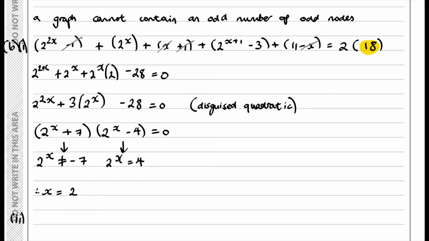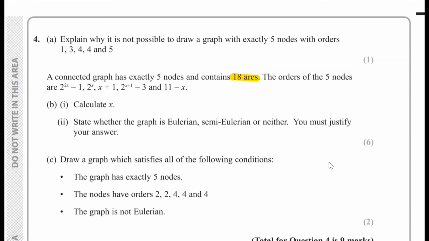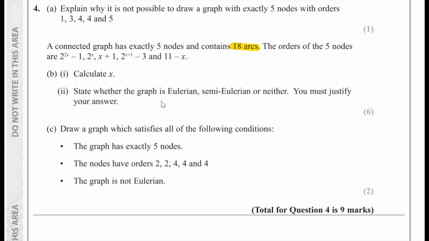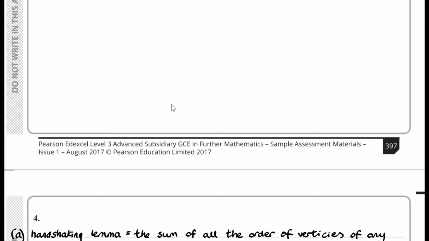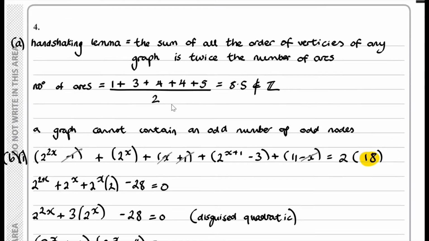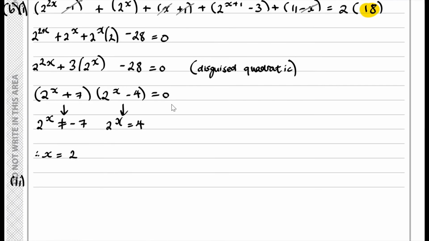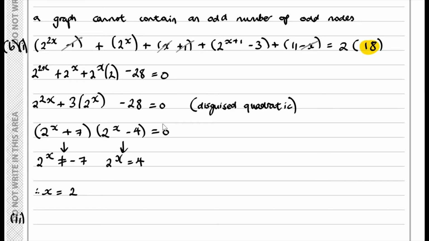For the next part of part B, we have to state whether the graph is Eulerian, semi-Eulerian, or neither. You must justify your answer. Well, if we work out what the nodes are, knowing that x is equal to 2, we have 2 to the power of 4 minus 1, which is 15.